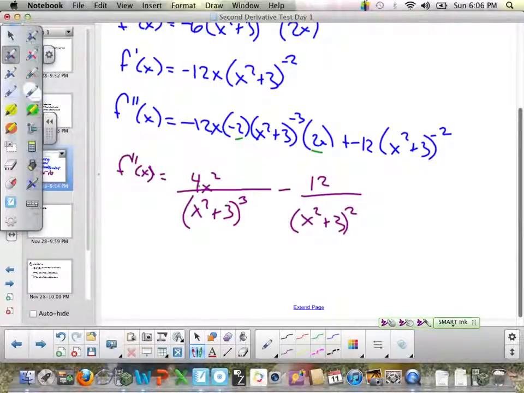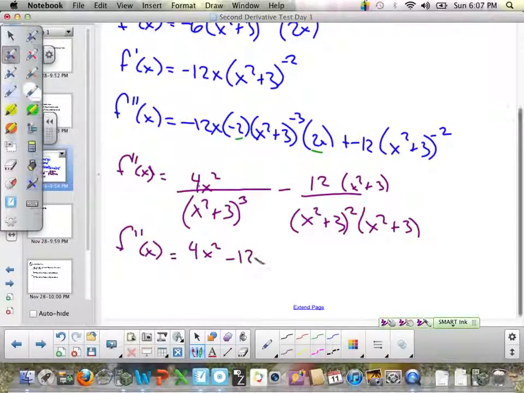Let's get our common denominator. So I'll multiply the second fraction by x squared plus 3, top and bottom. All right, now we got our common denominator. Our second derivative of our function is 48x squared minus 12x squared minus 36 over x squared plus 3 cubed. We will simplify the top one step further.